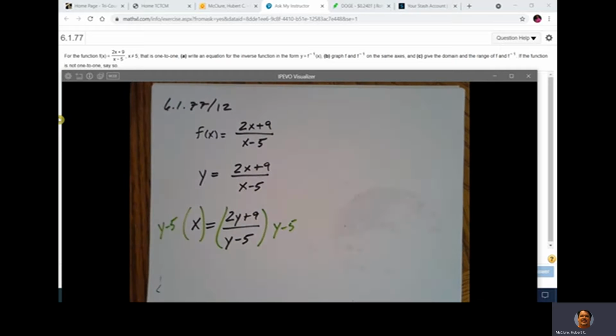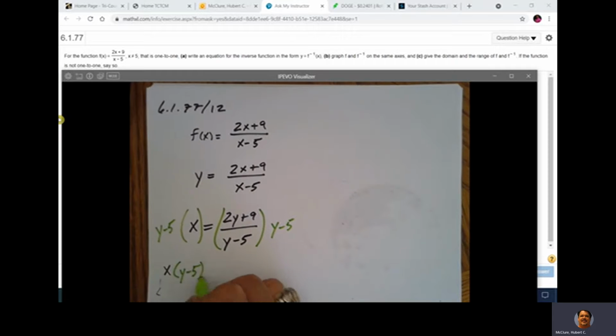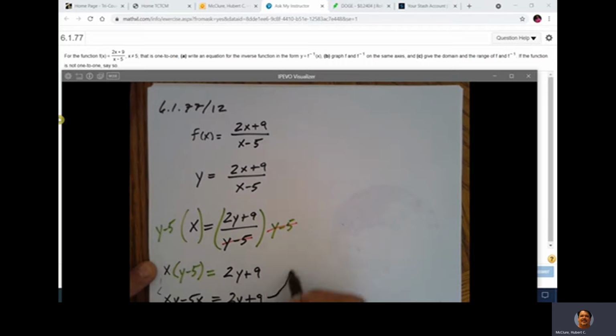And now we've got x times y minus 5 equals, and of course you see the y minus 5's cancel, and that leaves 2y plus 9. And now it's just xy minus 5x equals 2y plus 9.